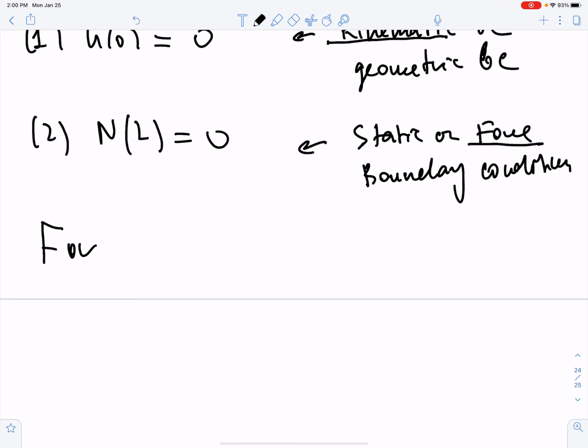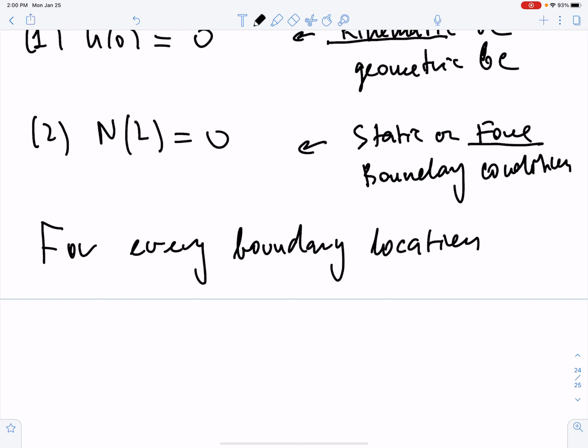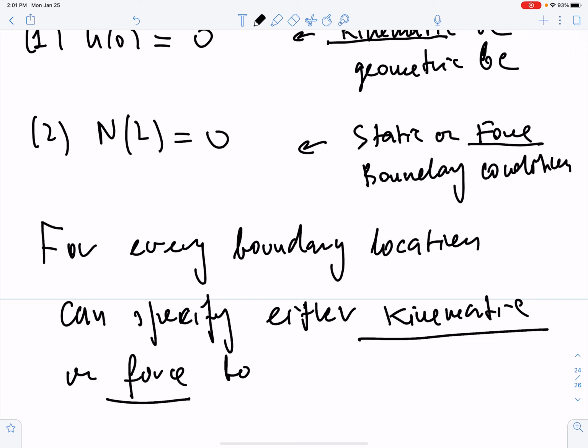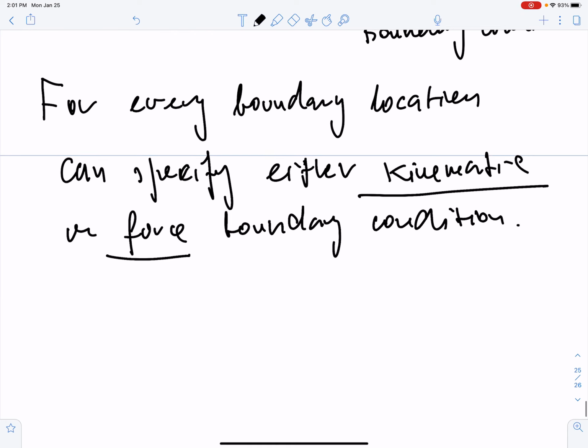For every boundary location, you can specify either kinematic or force boundary condition. Not both.